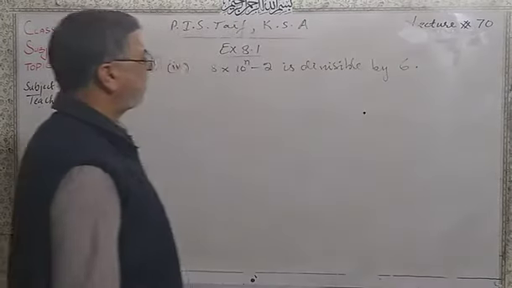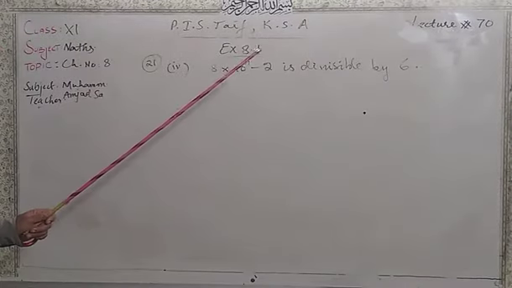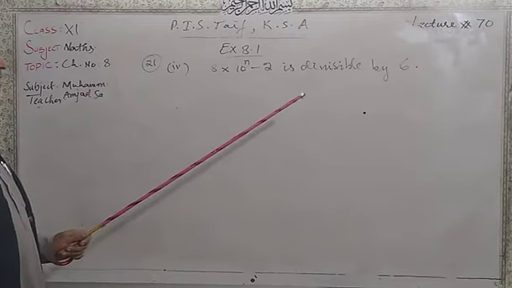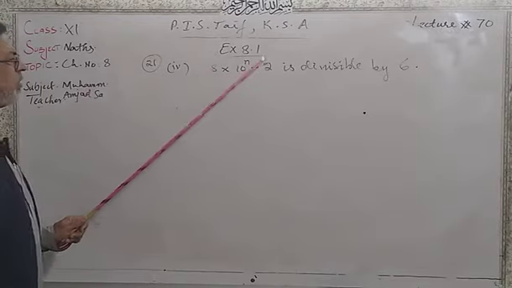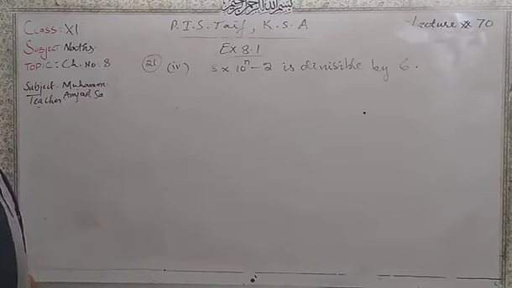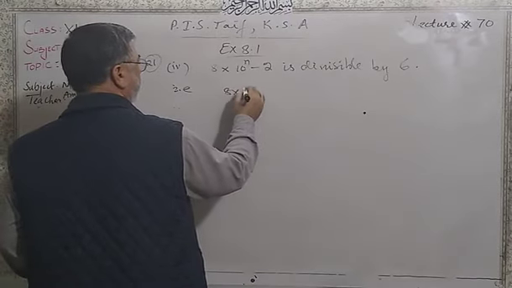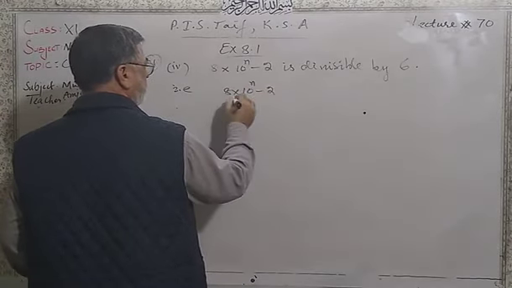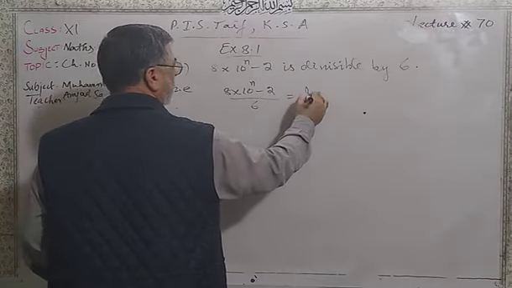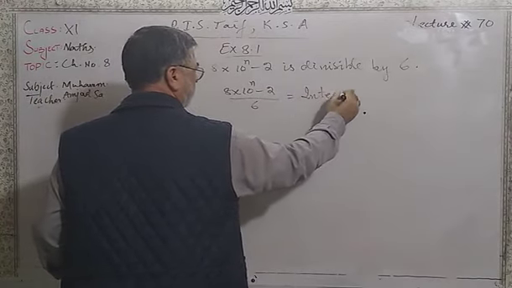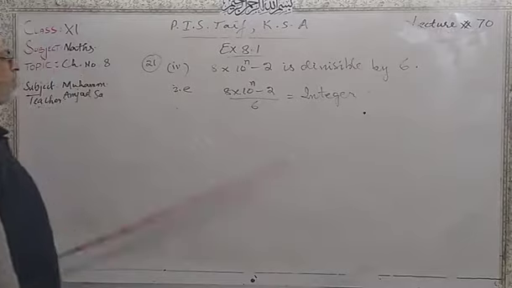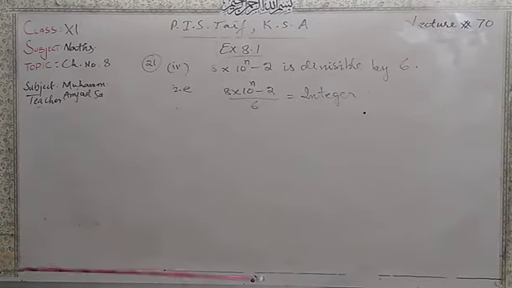Dear students, remember that whenever a number is divisible by another number, you will get your answer as an integer. That is, (8 into 10^n - 2)/6 is equal to an integer. We have to prove that this is an integer.